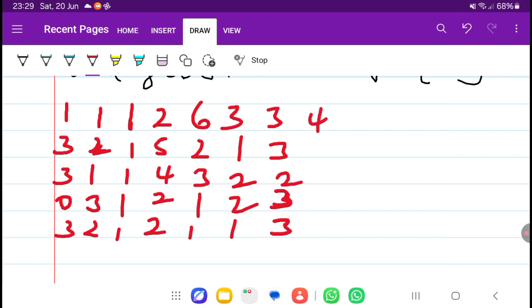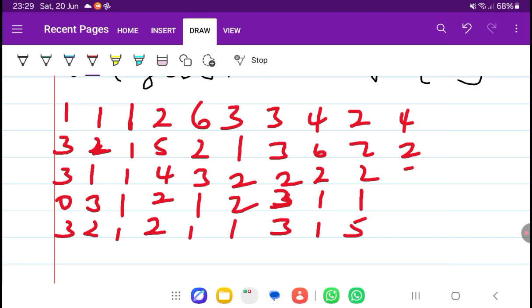Then 4, 6, 2, 1, 1. Then 2, 2, 2, 1, 5. And finally 4, 2, 3, 3, 1.